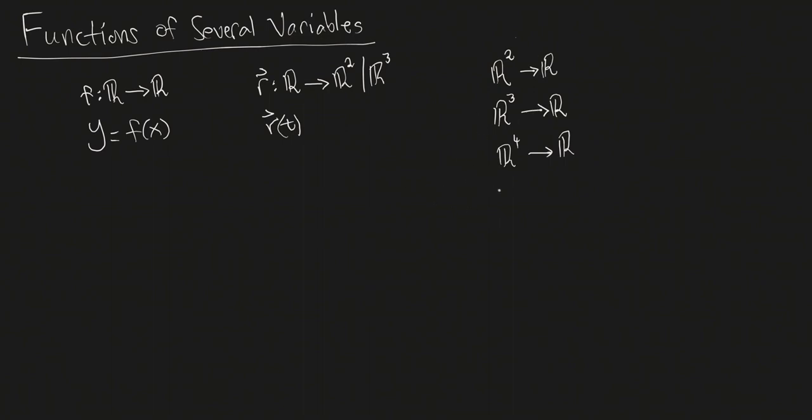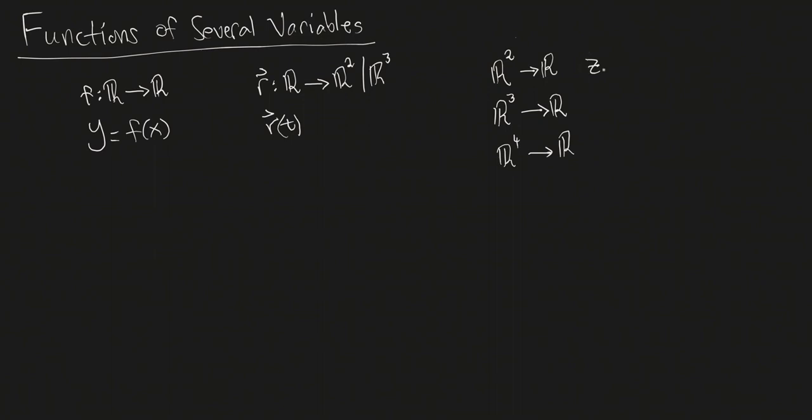So what do they look like? Well, it turns out they're going to look a lot like these. But instead of having just an x as an element from the domain, we're going to look at either xy, xyz, or maybe xyzw. So for instance, this one right here, these are just the standard letters.